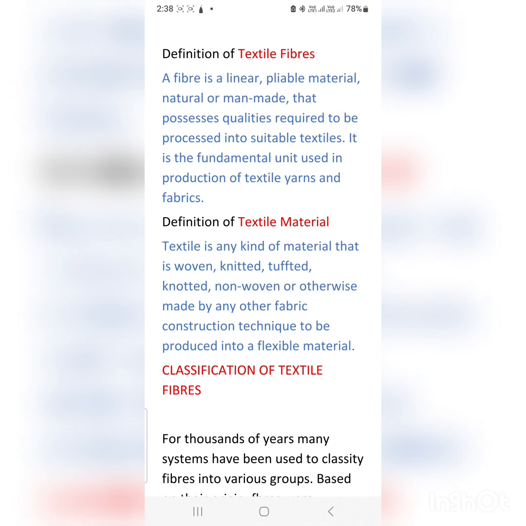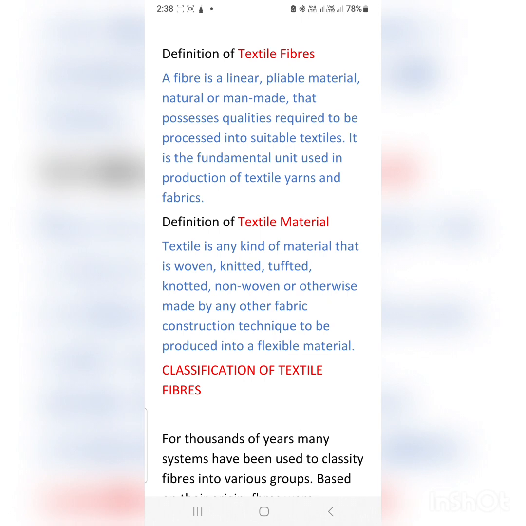It can be man-made, or natural, taken from natural material, for example cotton, that possesses qualities required to be processed into suitable textiles. It should have some properties so that it can be spun into yarns. So the textile fiber is a basic unit which we use for making yarns and fabrics.